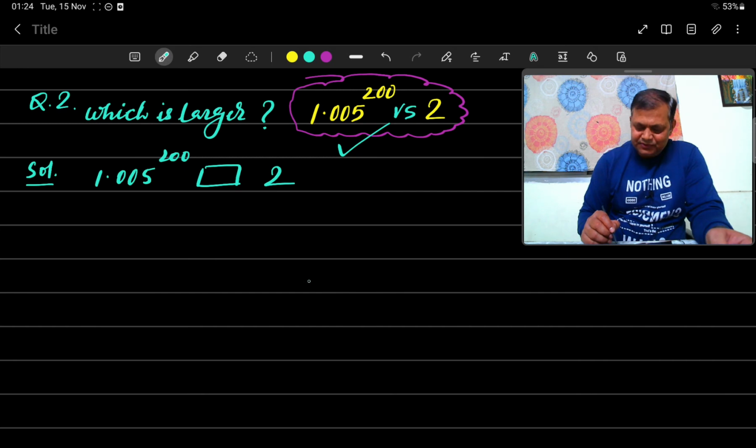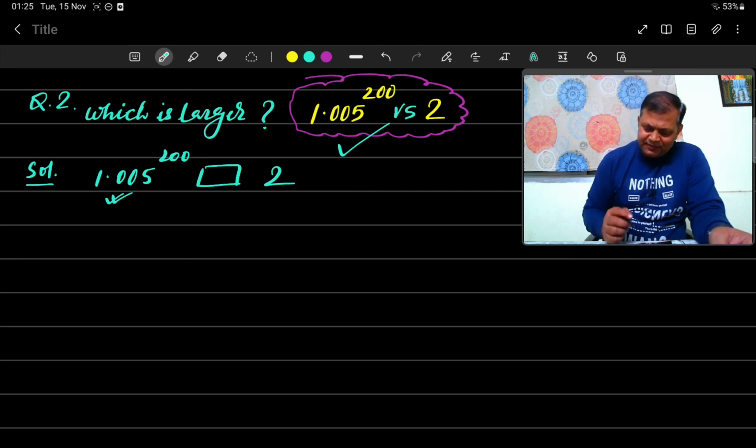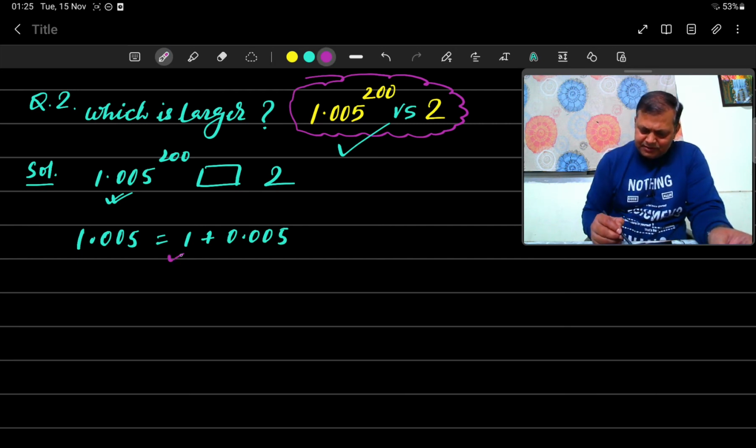Between these two numbers, of course, we have to start from the left hand side, because 1.005 to the power 200 is really a very complicated number. We have to simplify first. Just start. 1.005 can be written as 1 plus 0.005. 1 is the integral part and 0.005 is the decimal part.